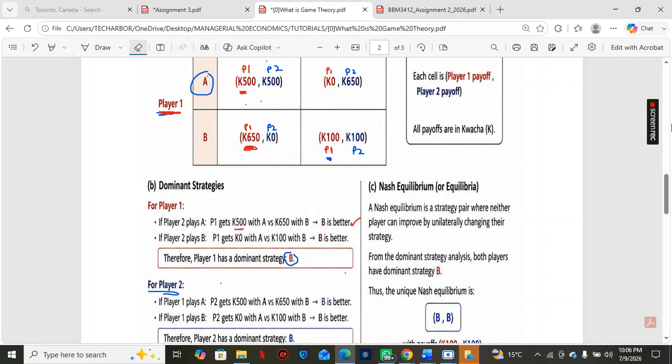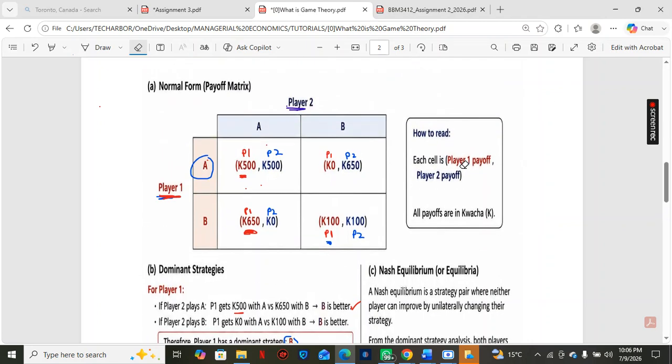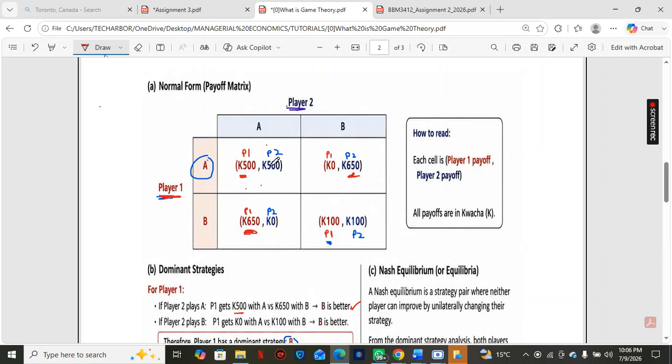So 650 is higher than 500, so player 2 is going to choose 650 here, because it's better than 500. So player 2 will choose strategy B. If player 1 picks strategy A, definitely they're not going to go for this payoff of 0. They're going for this payoff of 500. So player 2 has got two options, 500 or 650. You pick the higher option, 650, which is strategy B.